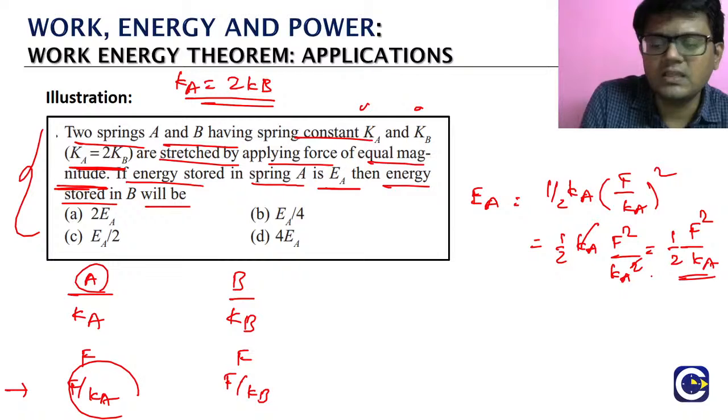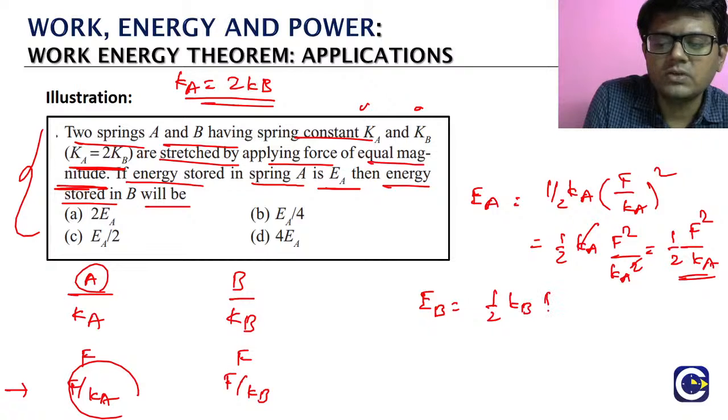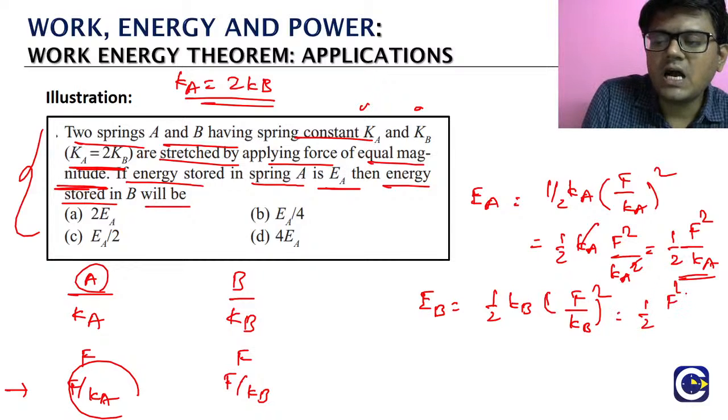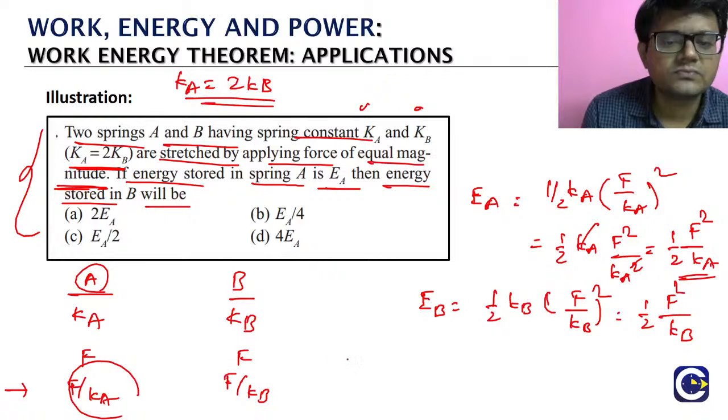Then Eb will be half into Kb into F by Kb the whole square. Similar terms come: half into F square by Kb.